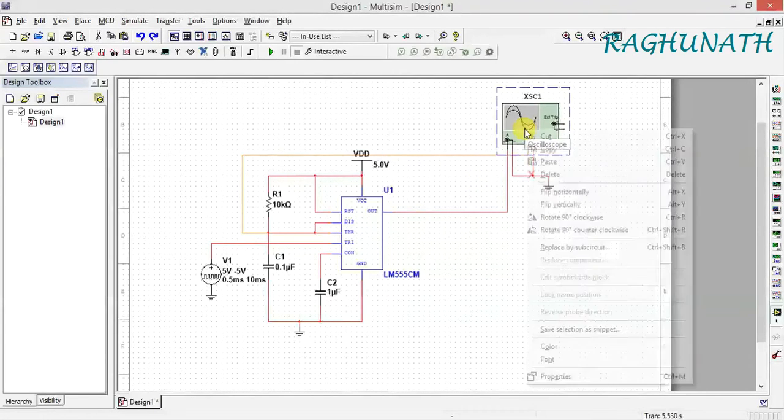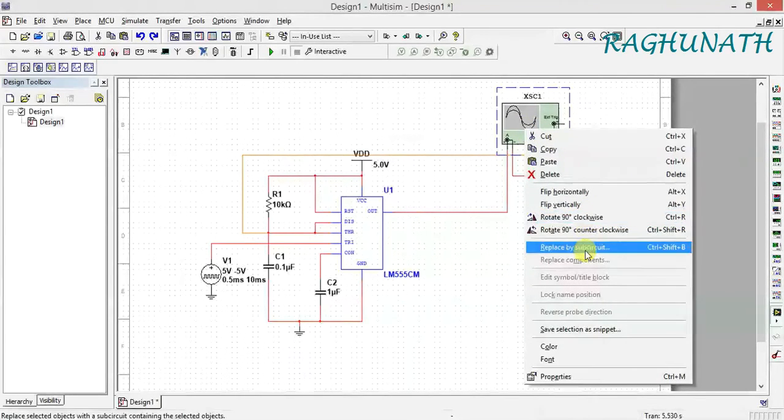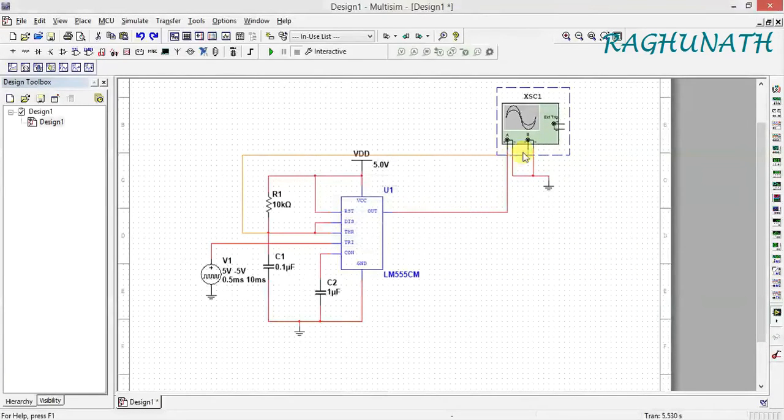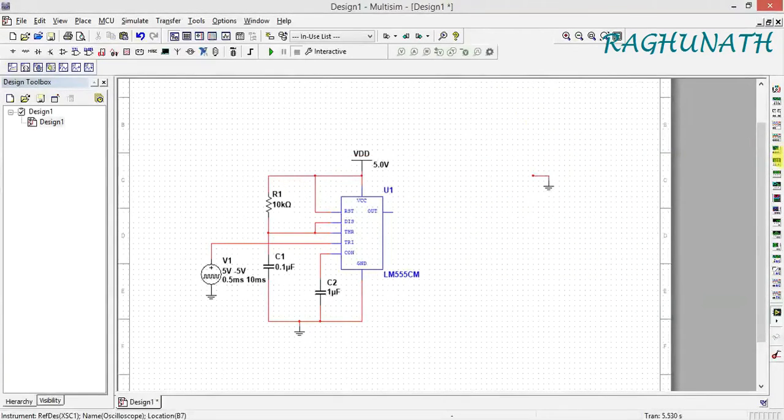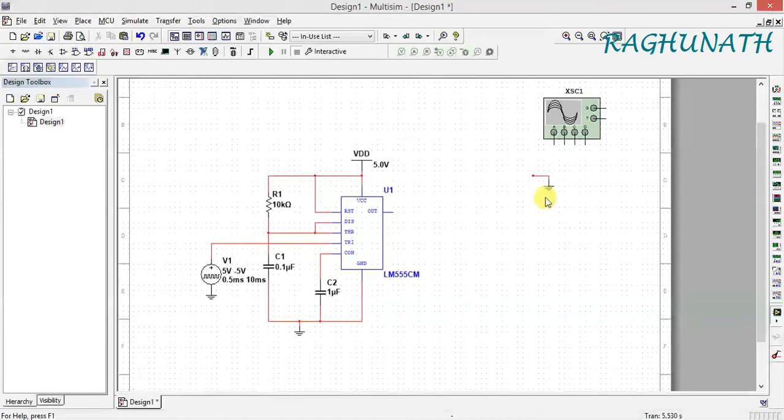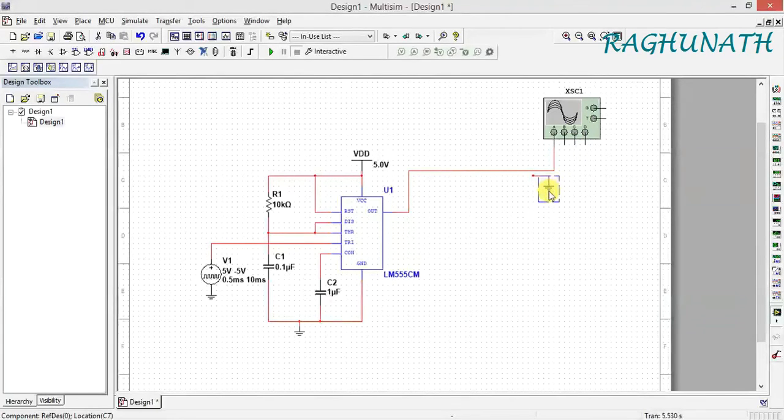I think if it is replaced by a subcircuit, it's not possible, so I will delete this and use the 4 channel. One I will give to here, and the second channel I will give to the capacitor voltage.